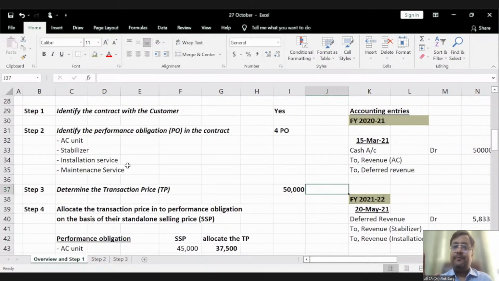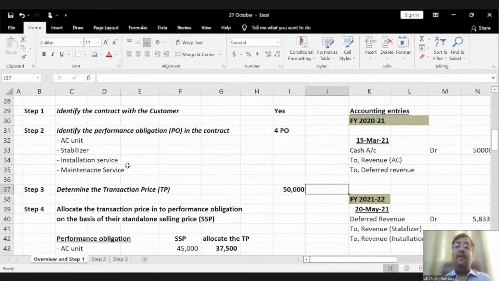So friends, what was my fixed consideration? My fixed consideration was 10 lakh rupees for constructing that house. But since the customer wants early delivery, early possession of that house, he is ready to pay 2 lakh rupees extra. And this is known as variable consideration.